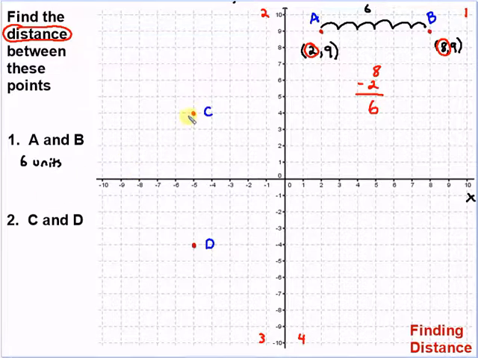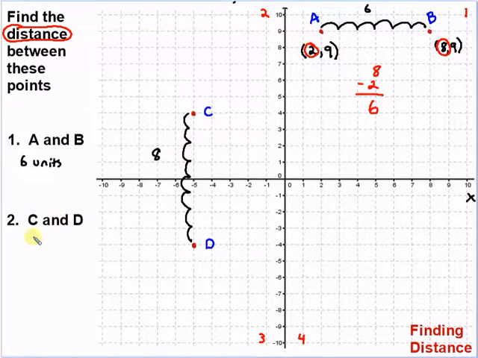Well, once again, we could just count the number of spots. So let's start here. 1, 2, 3, 4, 5, 6, 7, 8. So we would find 8 spaces of distance, 8 units of distance between C and D. Well, let's take a look at the coordinates again.